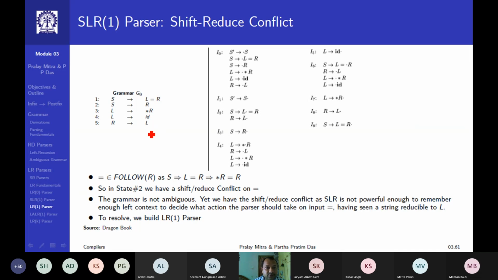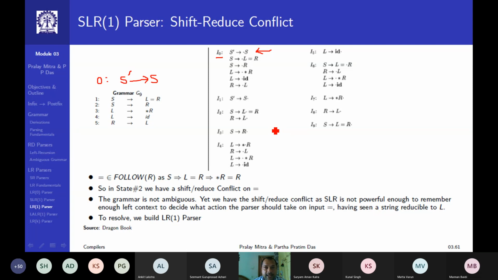Now there are 5 production rules, and you know the drill that the 0th production rule will be augmented, S prime derives S. Then if I construct the states from these production rules, I will start with the 0th production, S prime derives S. On the left hand side, I put a dot and I will get the 0th state, which I am denoting as I0. So S prime derives dot S.